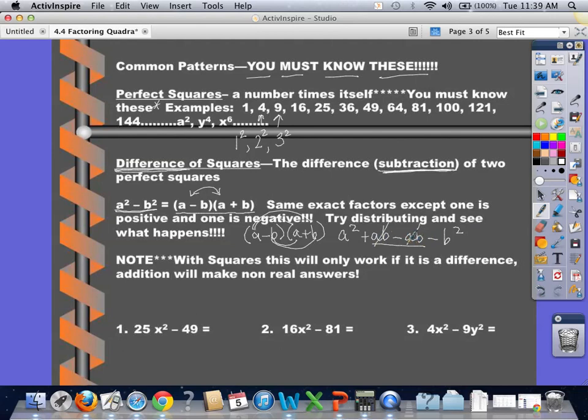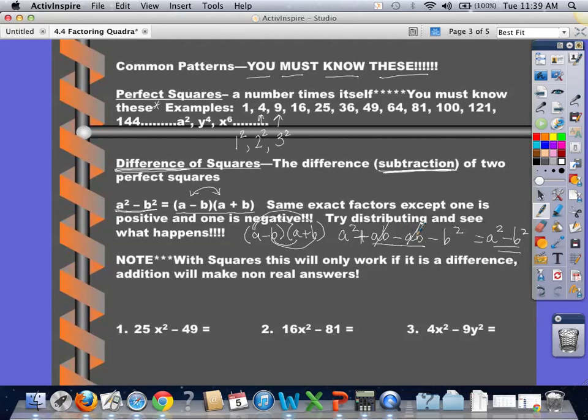Because those cancel, you're left with a squared minus b squared. That's why it cancels. That is the only reason why it cancels, because we have one of them to be positive. Because you have one positive and one negative, they completely cancel. Okay? Completely cancel.